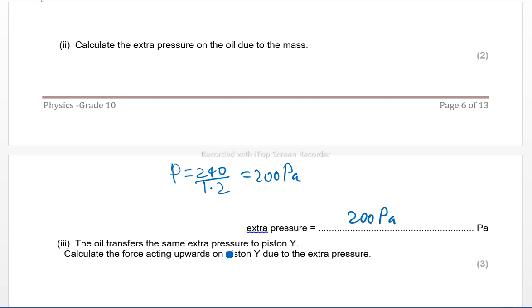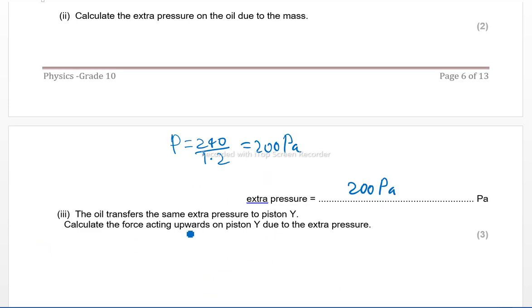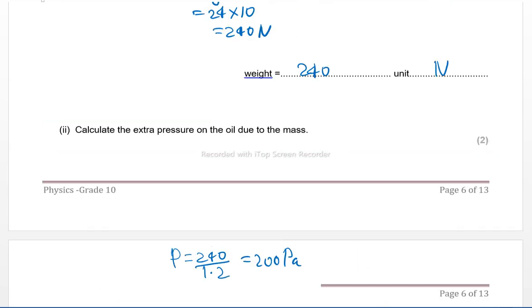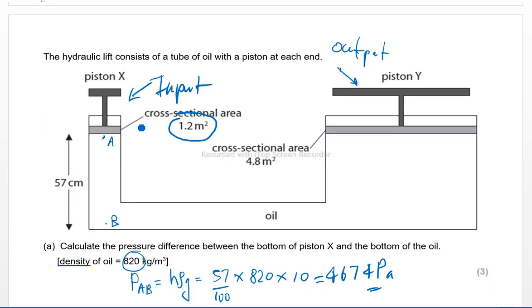The oil transfers the same extra pressure on piston Y. Calculate the force acting upwards on piston Y due to the extra pressure. So you have to see that point A, I'll mark this point as point D. Pressure at point A and pressure at point D has to be the same because it's the same liquid. It's a liquid from A, B, C, D, the whole thing is filled with a liquid.